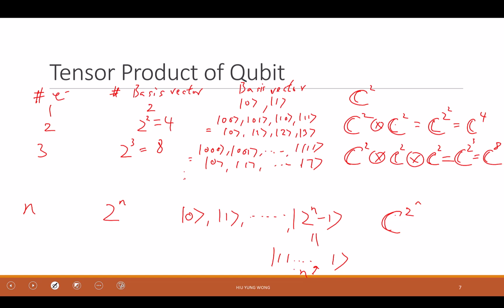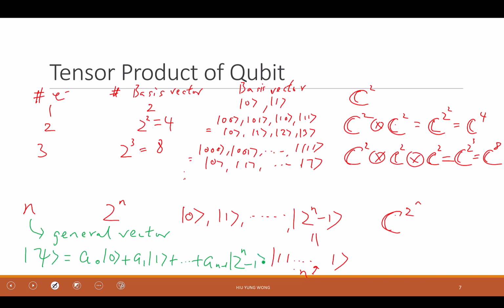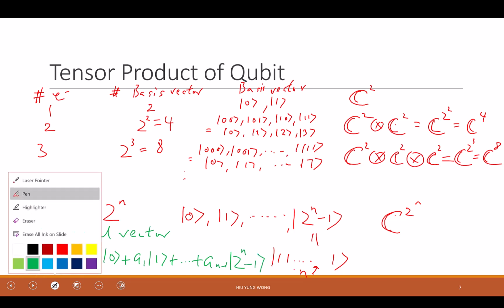Okay. Now, very important. Once we have this space, a general vector in this space equals the linear combination of its basis vectors, which is equal to A0 times 0 plus A1 times 1 all the way to a to the power n minus 1 times 2 to the power n minus 1.